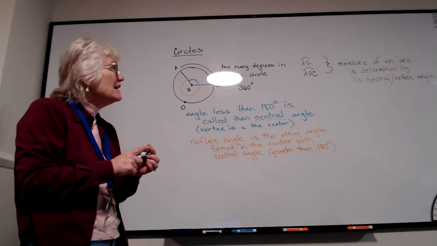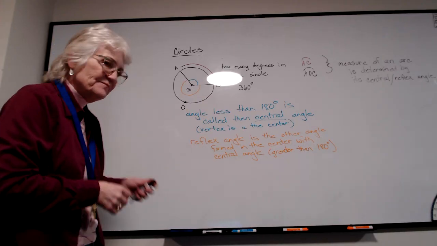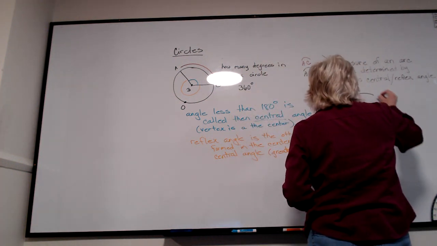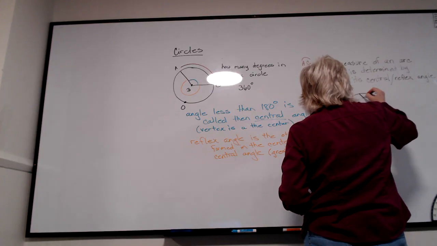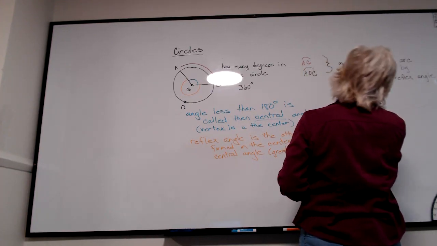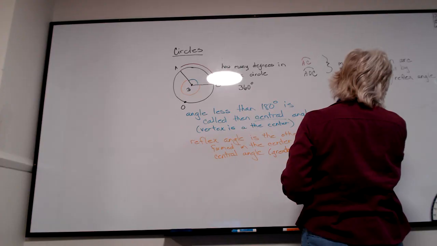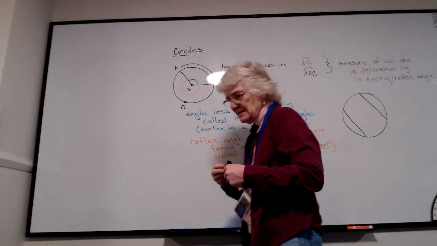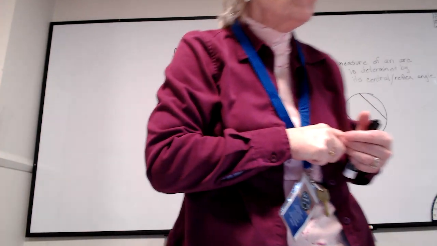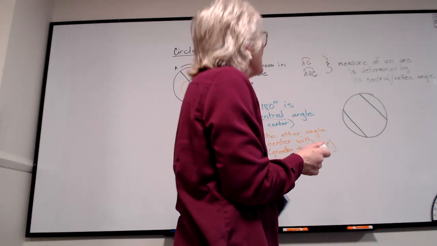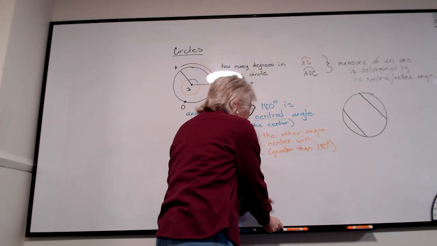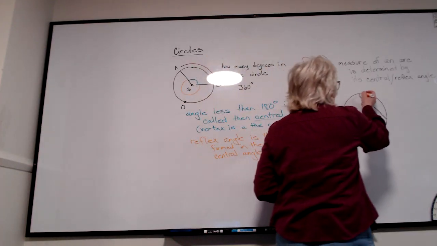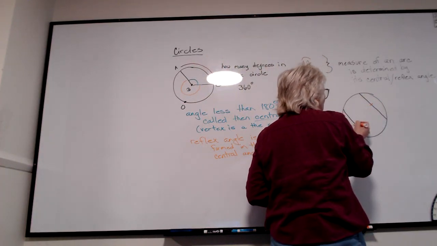Okay, so in circles, if I have a chord that goes from here to here, and another chord that's the same length that goes from here to here, these are equal to each other.